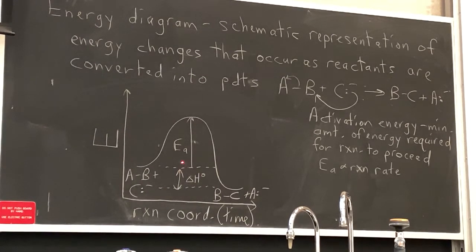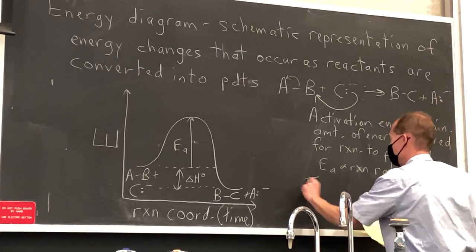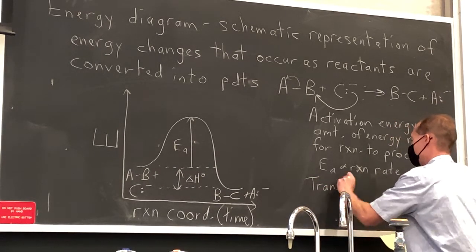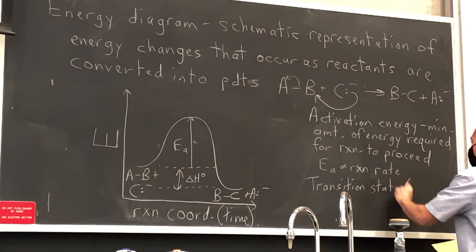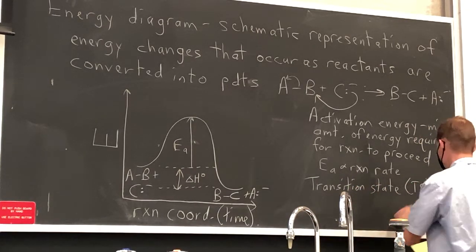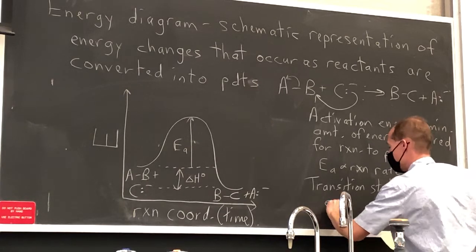And the energy of activation is calculated by taking the difference in energy between the maximum on our energy diagram and our reactants or starting materials. The energy maximum also has a name. It is referred to as the transition state, or TS. That is the energy maximum.